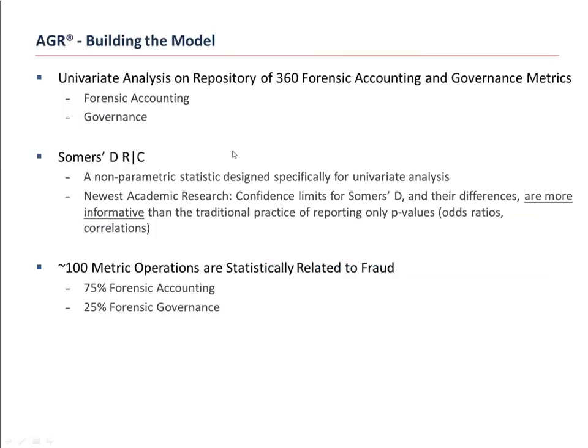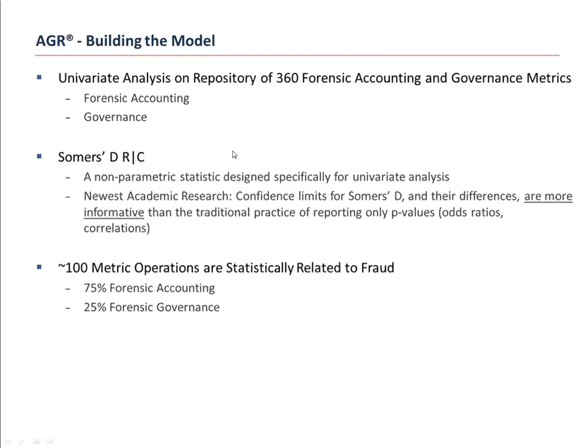With a taxonomy and a systematic metric operation approach in place, we next had to determine which of these operations in fact had a strong relationship to fraud. We started with a univariate analysis and reduced our repository of 360 forensic accounting and governance metrics operations one at a time.